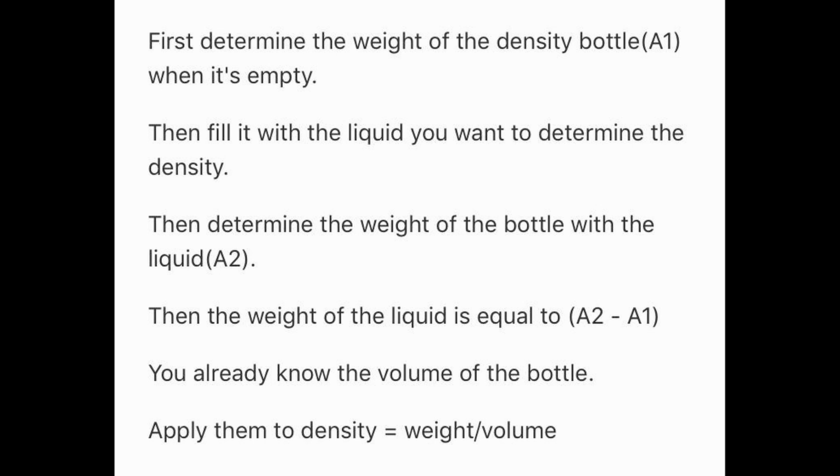We will subtract the mass of the empty bottle from the mass of the bottle with the liquid, and we'll get the mass of the liquid only. So here we have found the volume and we have found the mass. So now we can find the density of the given liquid. We'll use the formula density is equal to mass upon volume, and we'll get the density of that particular liquid.